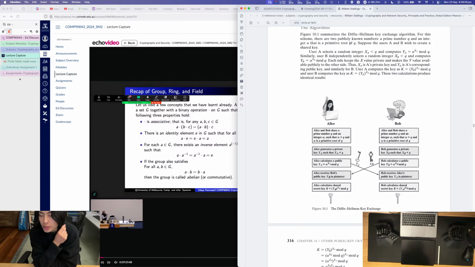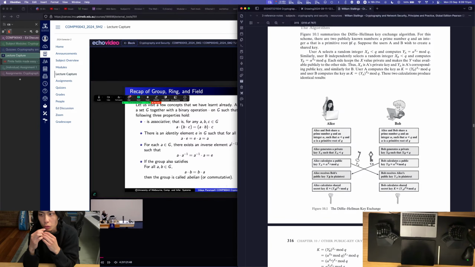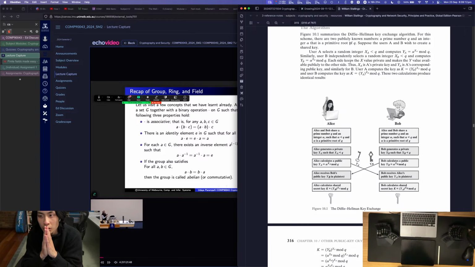User A computes the key as k equals y b to the x a mod q, and user B computes it as y a to the x b mod q. These two calculations produce identical results.